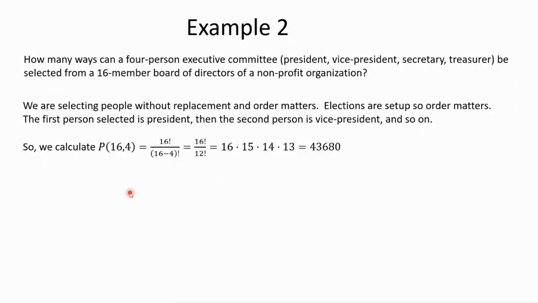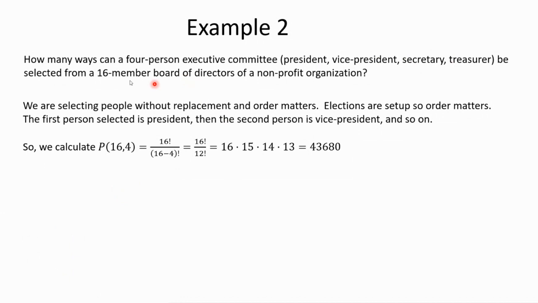In this one, we want to know how many ways can a 4-person executive committee with these 4 offices be selected? How many ways can a 4-person committee be selected among a 16-member board of directors of a nonprofit organization?